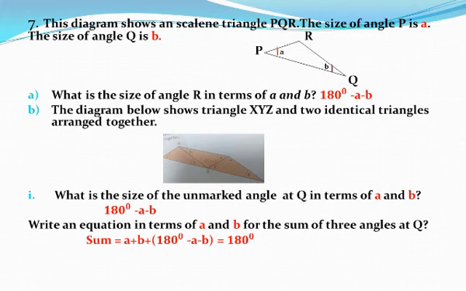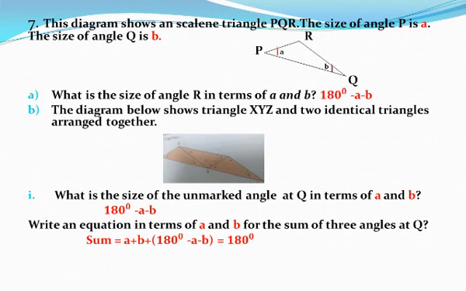And one more question with this question. The diagram below shows triangle XYZ and two identical triangles arranged together. Look at student book page number 162. What is the size of the unmarked angle at Q in terms of a and b? It is 180 degrees minus a minus b.